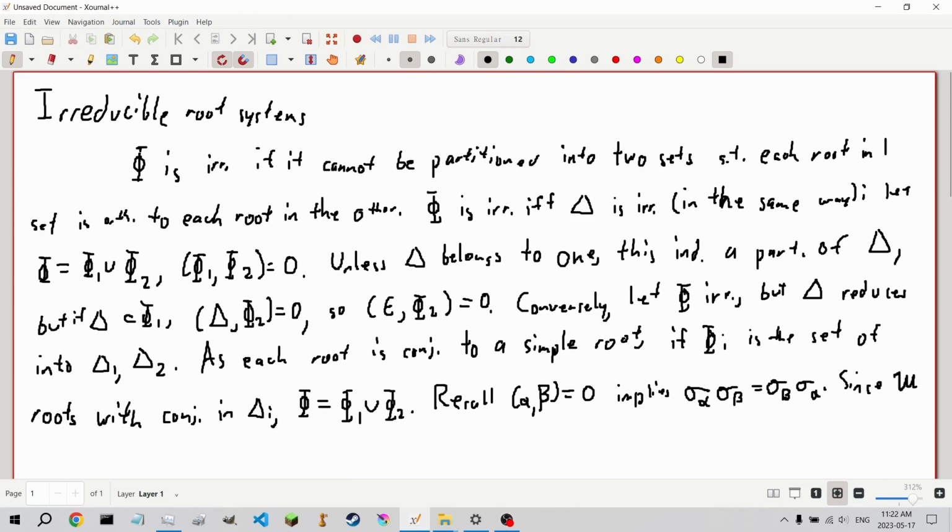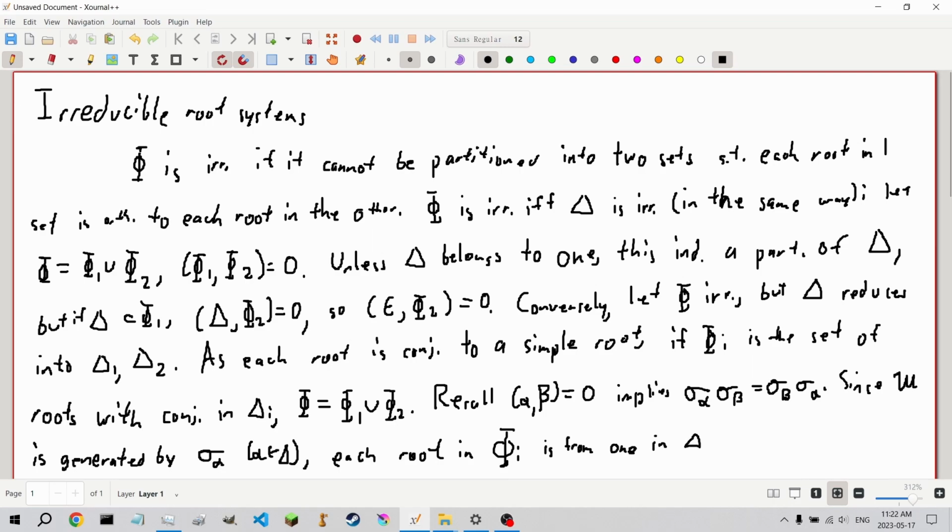And since the Weyl group is generated by the reflections of elements in the base, each root in each phi i is obtained from one in delta i by adding or subtracting elements in delta i.